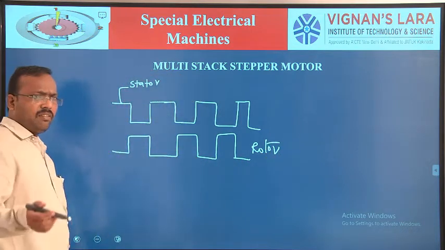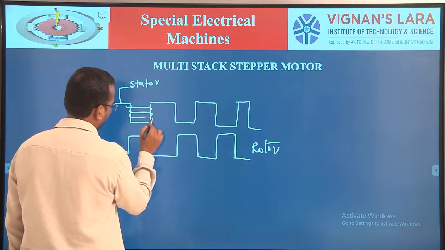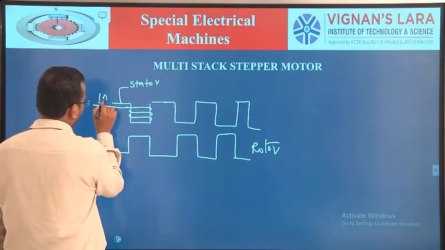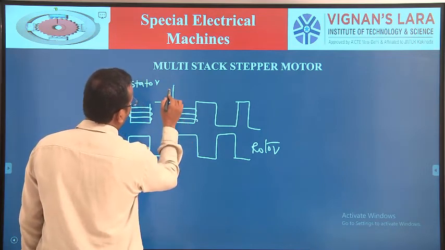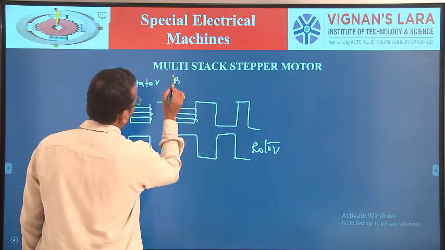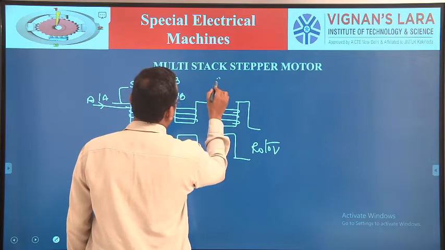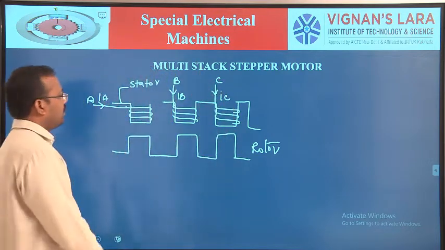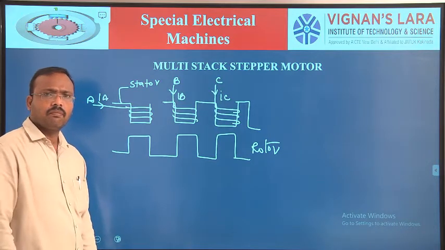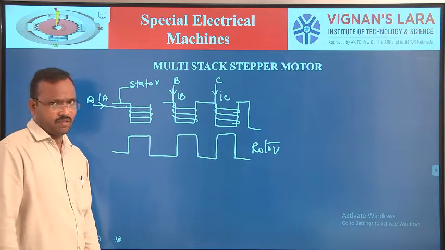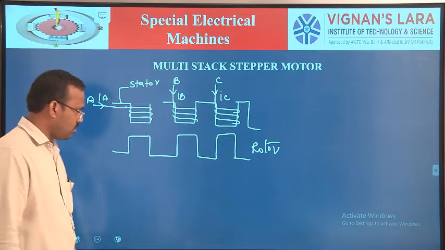Okay, stator carrying concentric winding. So this is your phase A, IA, phase A, IB, phase B, similar fashion, phase C, IC. Okay, so now this winding is excited by the current pulses using transistor switches.